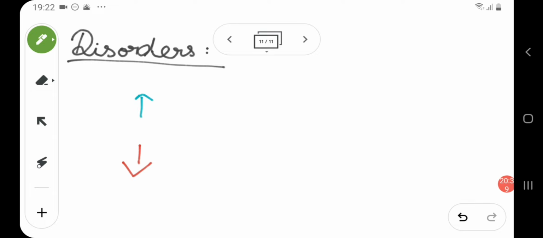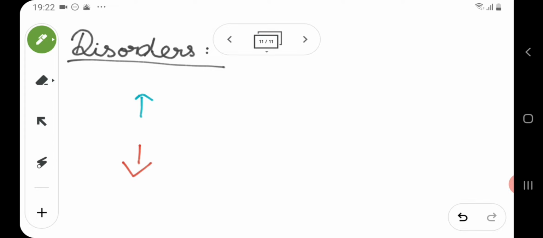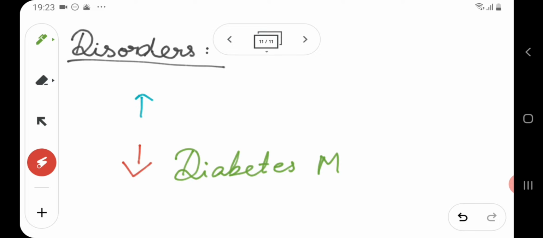Now the disorders of insulin. When there is a decrease in insulin secretion, that is the most common disorder, diabetes mellitus. It occurs because there is a deficiency in insulin secretion.